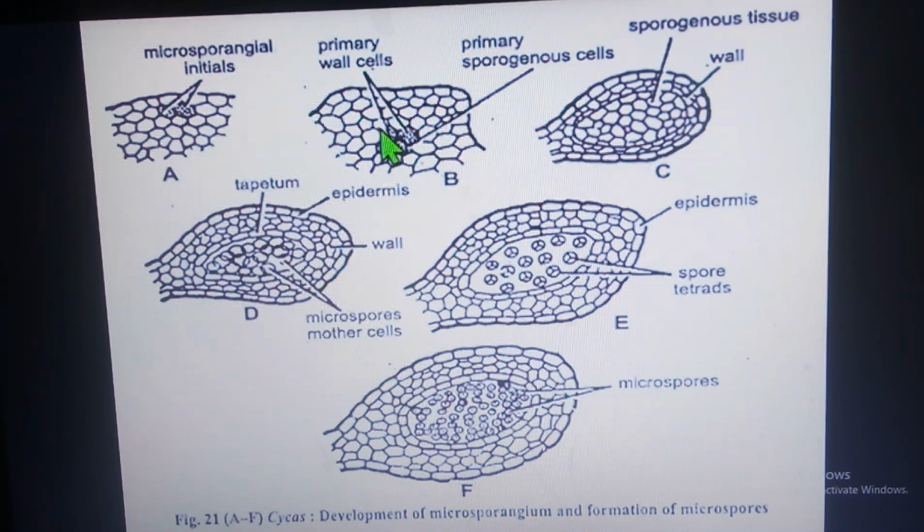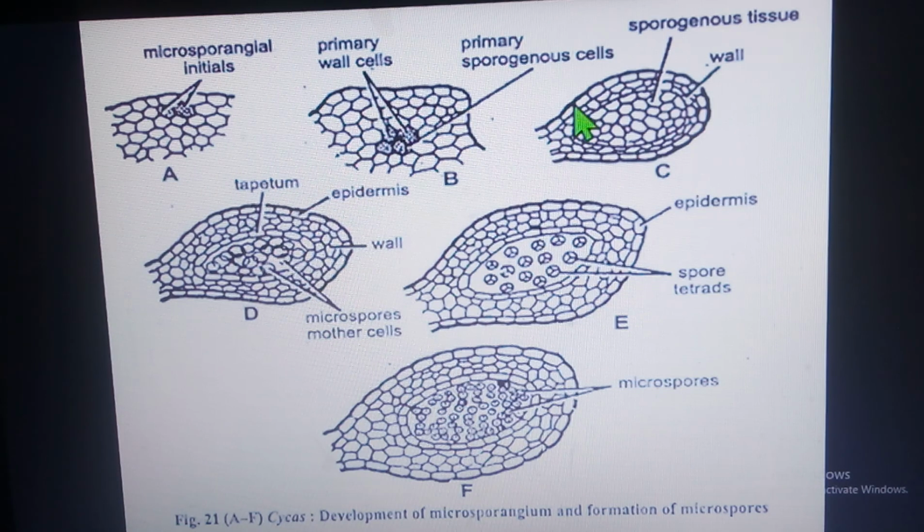Now these outer primary wall cells will again divide repeatedly by periclinal as well as anticlinal divisions to form a 3 to 6 layered wall of the microsporangium beneath the epidermis.